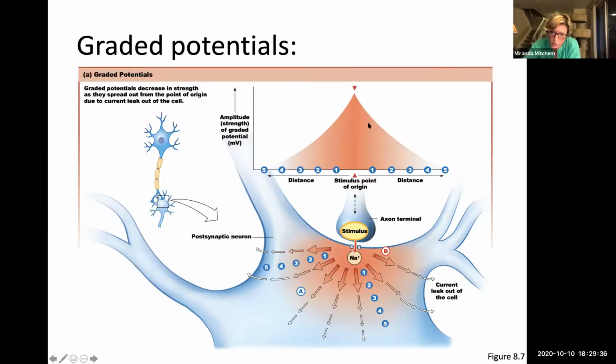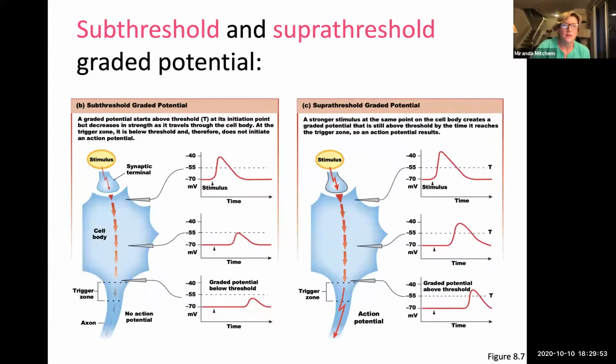But as we move away from the stimulus point, looking at the graph up here, the signal dissipates in both directions. So graded potentials are really good for short distances, but they're terrible at long distances because the signal's usually gone by there.